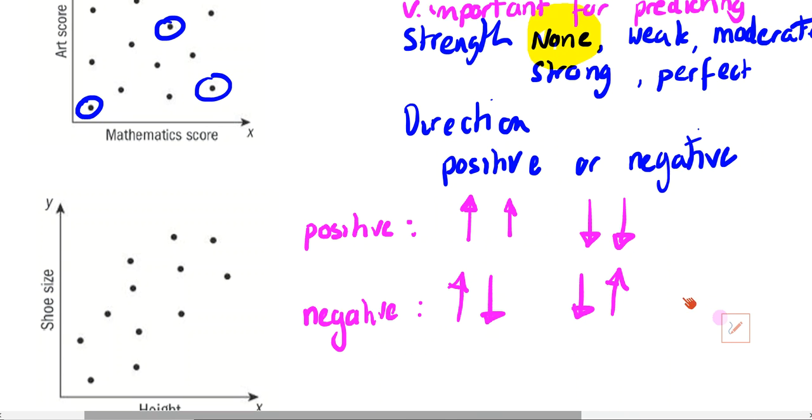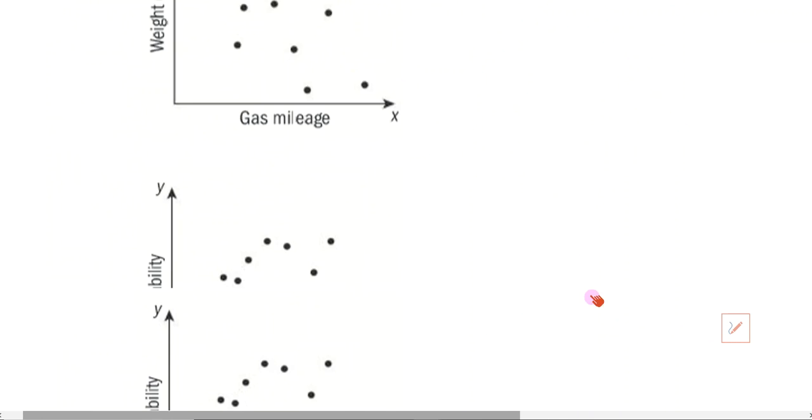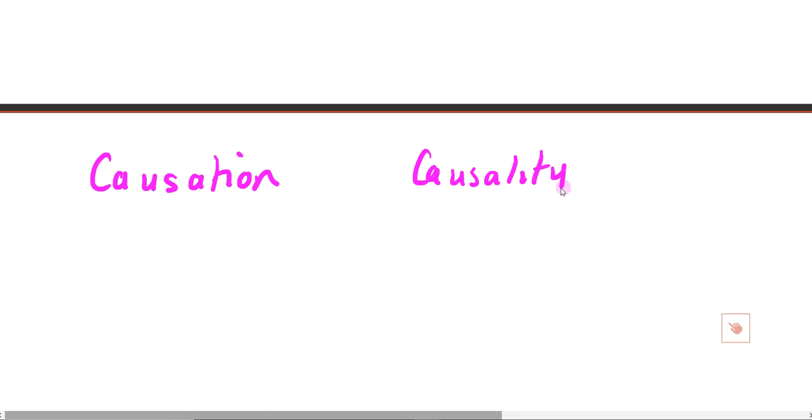Okay? And we need to talk about different options. Now, there are some words that I want you to write down now. Maybe you want to do it on the back of your sheet. Which are, we'll talk about these next time. I would like to talk about causation or causality.